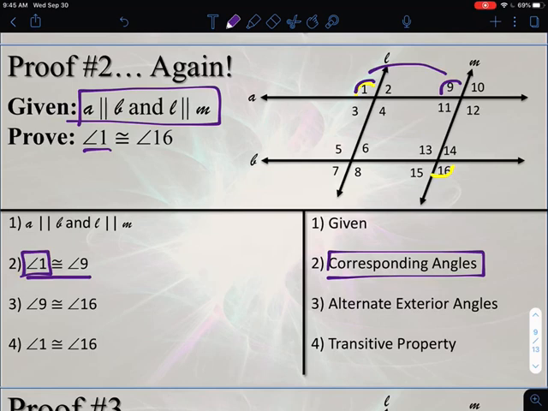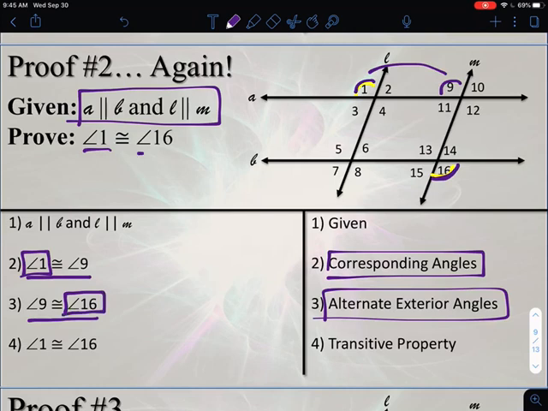So angle 1 I have in the conversation. Now I need angle 16. If I look at 16, I notice 9 and 16 are alternate exterior angles, which means 9 and 16 have to be identical. And so here I bring 16 into the conversation, just like I needed. Then exactly like the last proof, 1 led to 9, 9 led to 16.